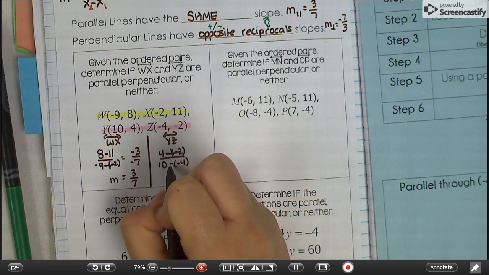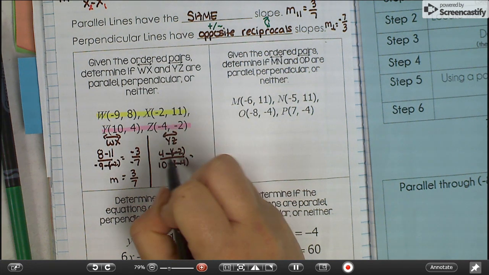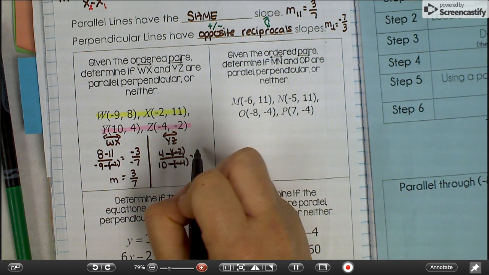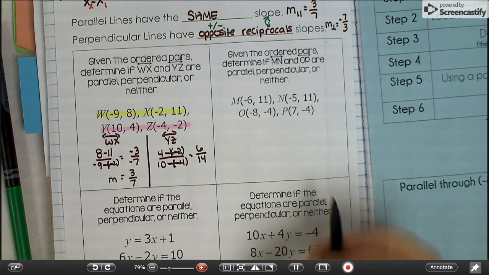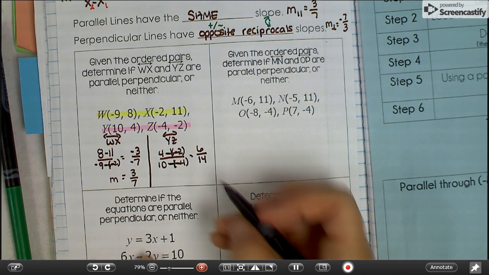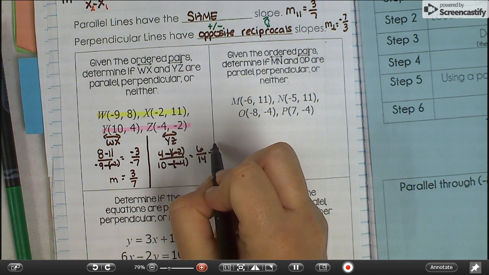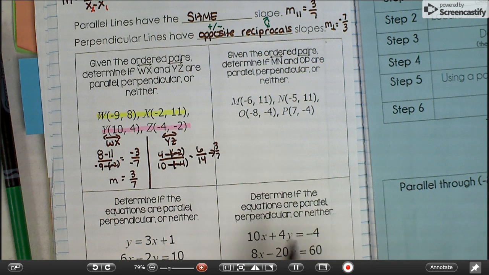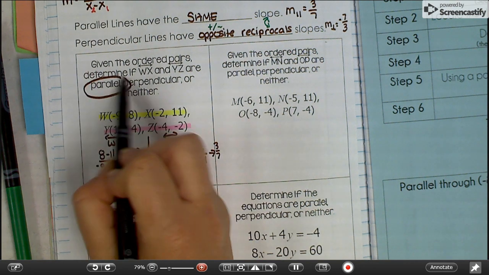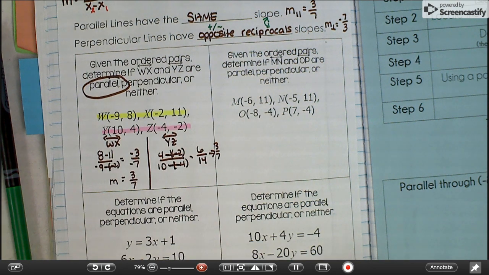Minus a negative is a positive, so we have 4 plus 2, which is 6, and 10 plus 4, which is 14. Always simplify so you can compare. 6/14 simplifies to 3/7. So if both slopes are 3/7, then these lines are parallel. I hope that makes sense.